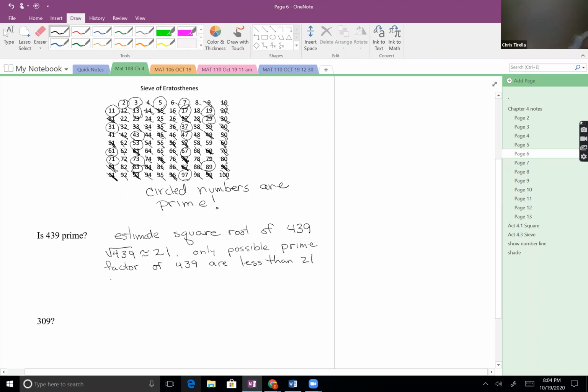And so they could be 2, 3, 5, 7, 11, 13, 17, and 19. And so if I take 439 and try to divide it, will 2 go in evenly? No, it's not even. I take 439 and divide it by 3.